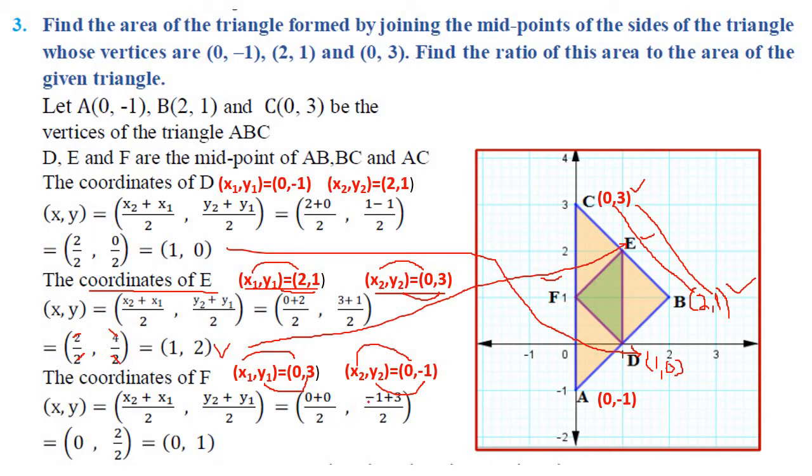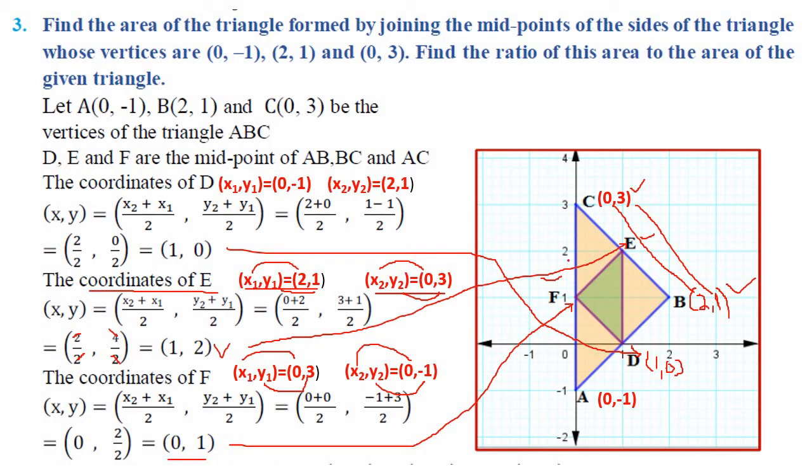Then y2 is -1 plus y1 is 3, by 2. Then 0 by 2 is 0. Then 3 minus 1 is 2, 2 by 2 is 1. So (1, 0). So what is this (1, 0)? So (1, 0) are the coordinates of the midpoint F.